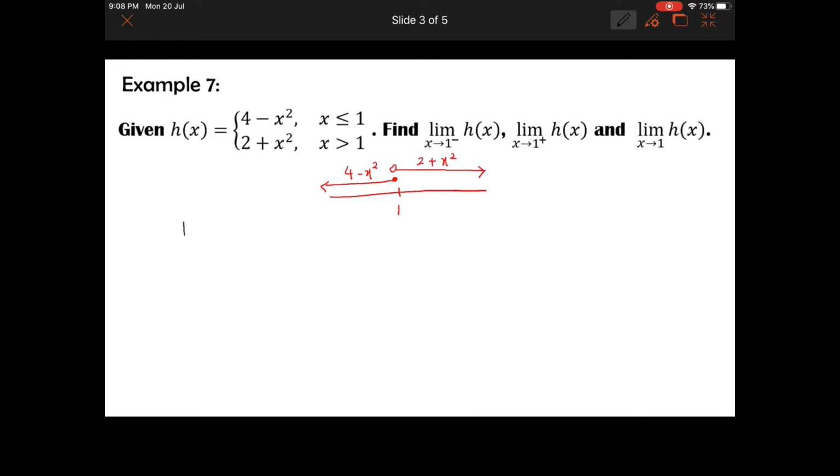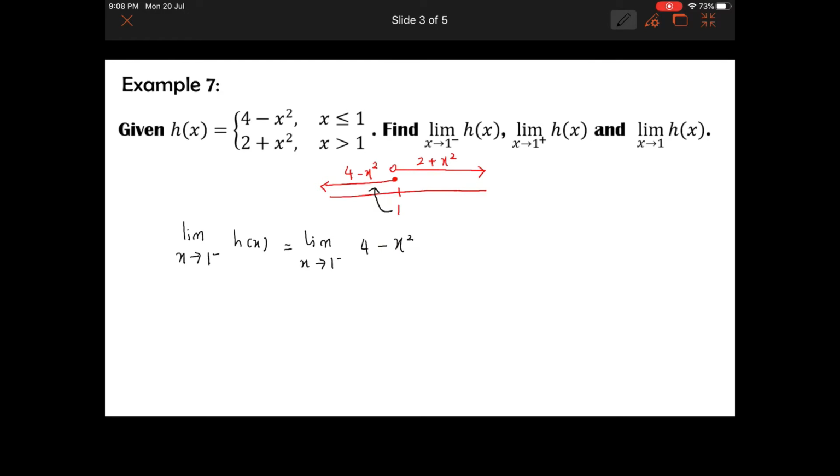For the first one, we have to find the limit as x approaches 1 from the left of h(x). So we have to detect what the function is as x approaches 1 from the left. In this case, our function is 4 minus x squared.